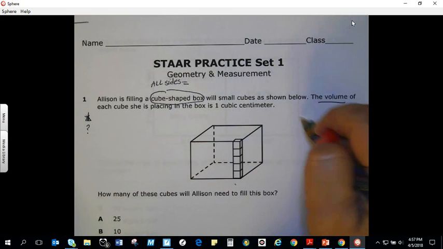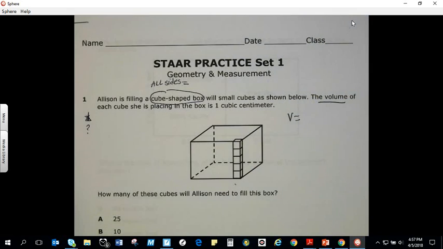So volume, I want to go into my measurement chart. Those of you who did not take your measurement chart home, it is inside your agenda book.